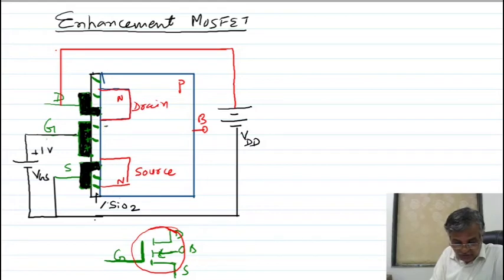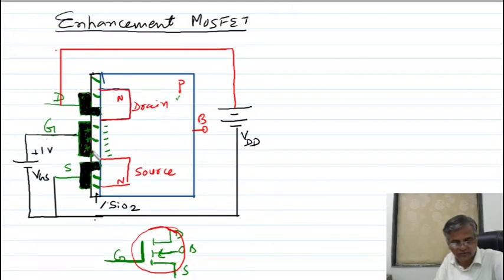So negative charge will be induced due to the minority charge carriers of the p-type bulb. The p-type material has electrons as minority charge carriers. So those minority charge carriers will come here due to the positive voltage on this plate.